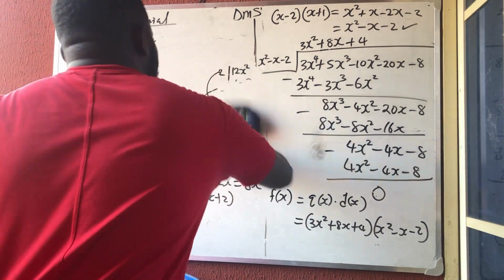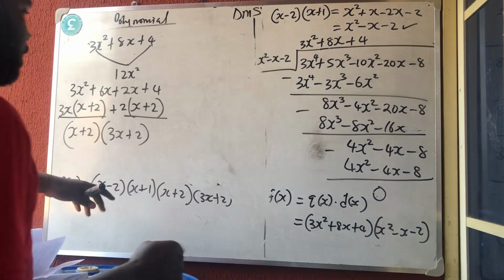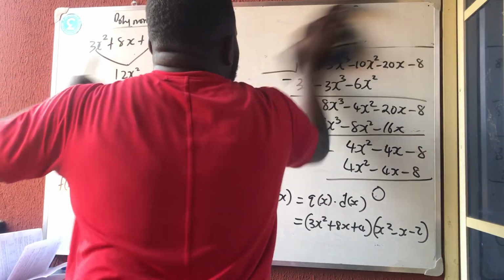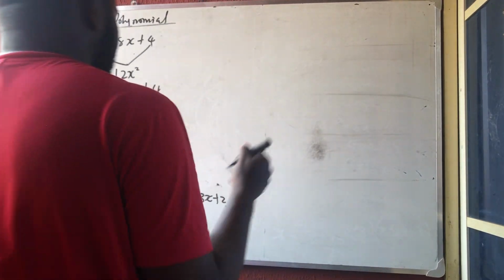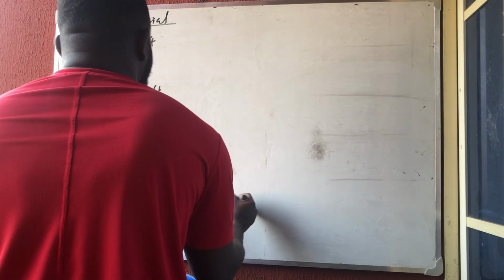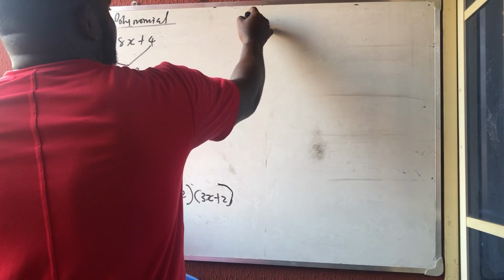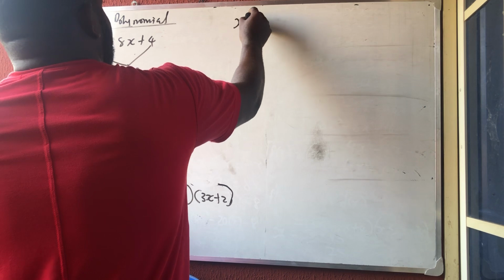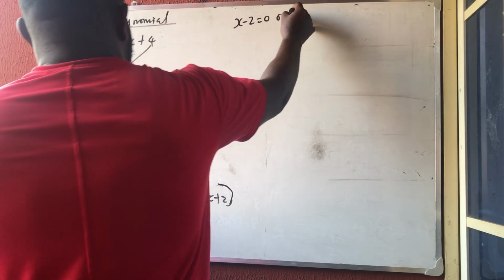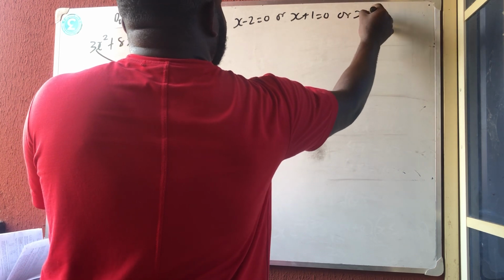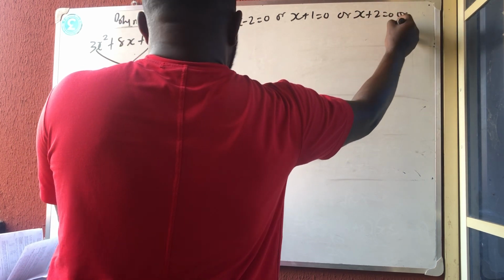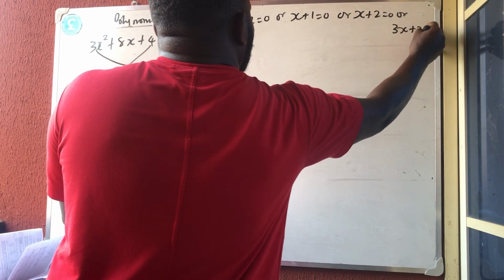Now, thank you very much for watching. But please, if the question said solve and not factorize, it means they will give you equal to 0. So I'm going to equate this to 0. That is, x minus 2 is equal to 0, or x plus 1 is equal to 0, or x plus 2 is equal to 0, or 3x plus 2 is equal to 0.